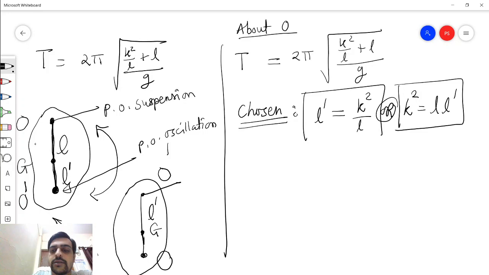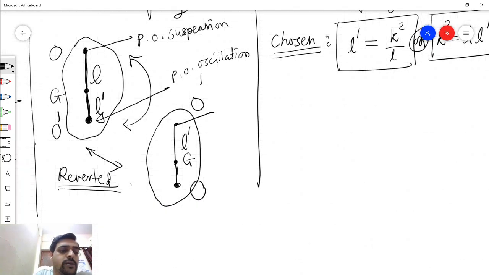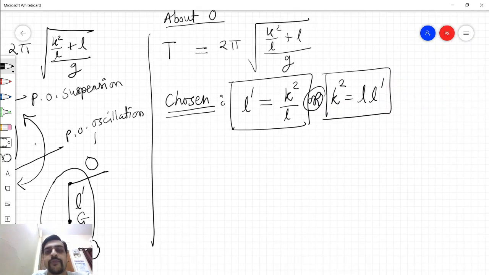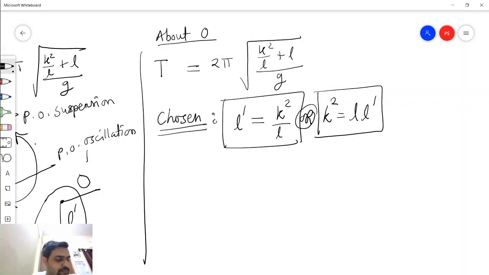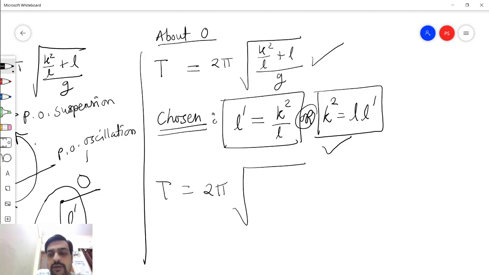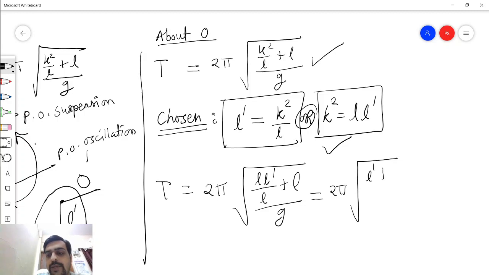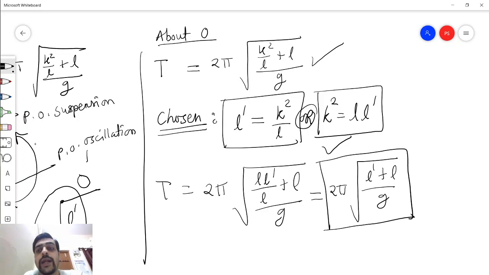So this is our choice of L dash or of point O dash. If we substitute this for k squared in the equation above, we get T equal to 2π under root (L L dash upon L plus L by g), which is just 2π under root ((L dash plus L) upon g). So just remember this expression, 2π under root ((L dash plus L) upon g).